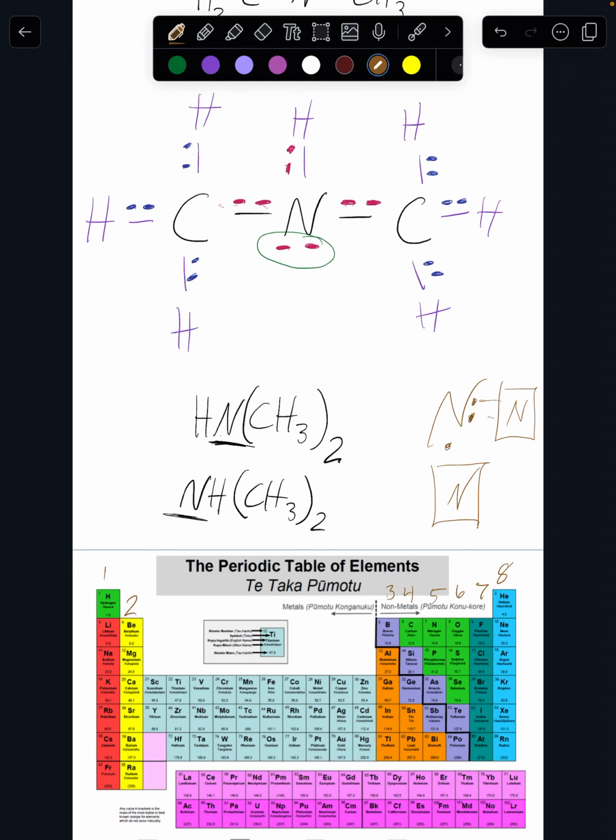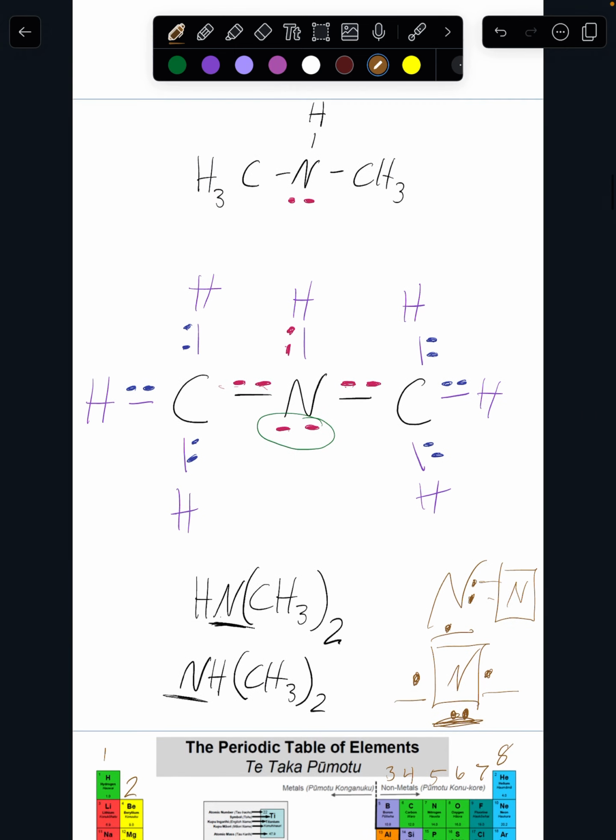So then we have that 1, 2, 3, 4, and just for easiness, we'll put it down here for 5. So we have it with a carbon, a hydrogen, and then you have that 2 lone pairs. And that is how that connects there.